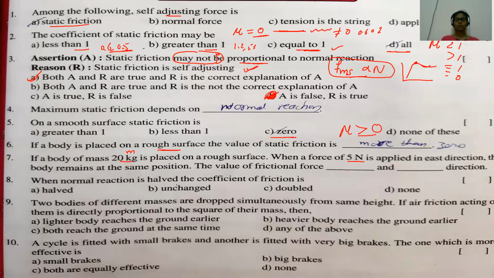The value of frictional force and its direction is asked. Like some block is taken, right, children, with a force of 5 newtons acting on this block of mass 20 kg. So frictional force will be acting from where? From the opposite direction. Fs will be acting in the opposite direction. So to find Fs, we first need to find maximum static friction, that is Fms equals mu s times N, where mu s is the coefficient of static friction, which they have given, children.